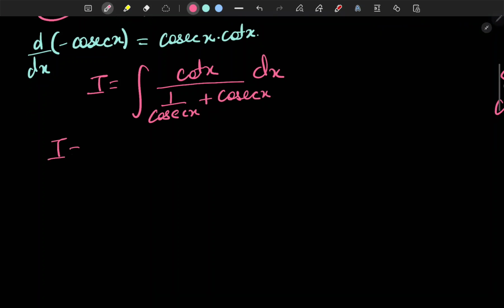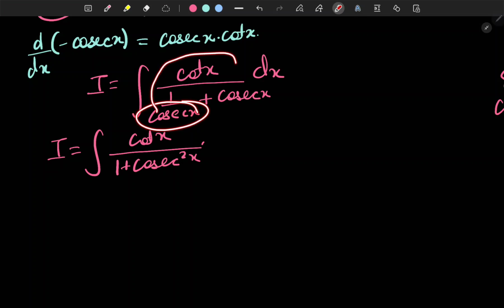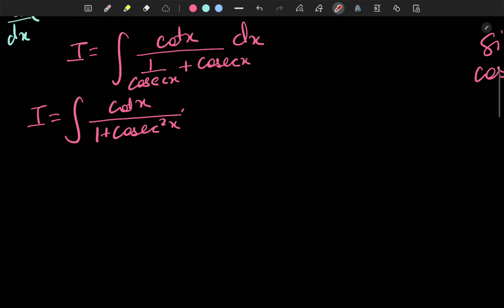So our I is the integral of cotangent of x over 1 plus cosecant squared of x, times the denominator cosec of x multiplied in here. I hope you don't get mixed up with that simple mathematics. So this is cosecant of x dx.